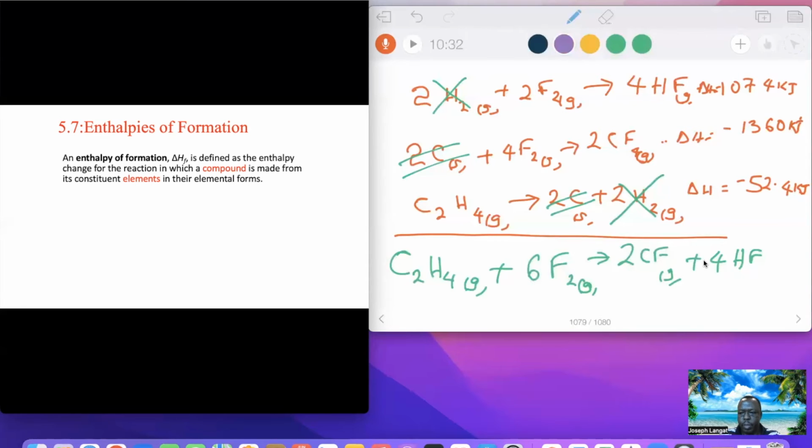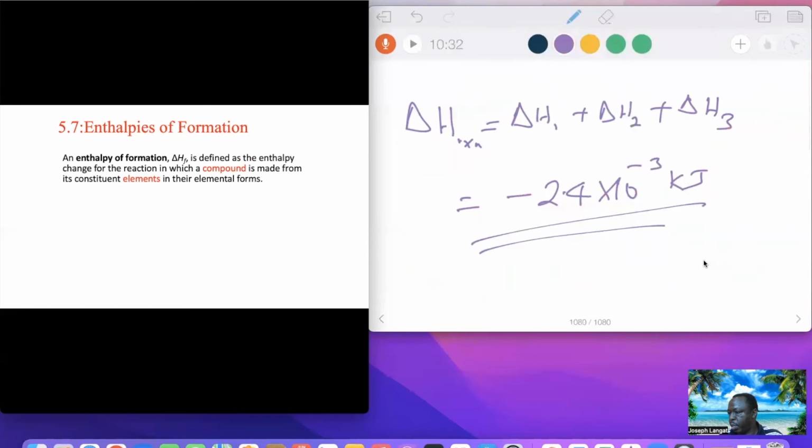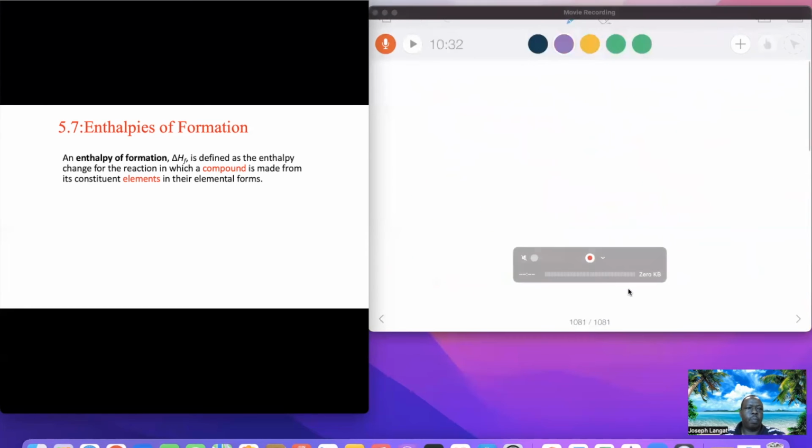The only way you will know that this is Hess's law is when you are given a series of reactions. Sometimes you may be given 3, you may be lucky to have only 2. If you have 2, it's very easy to manipulate. Sometimes you may have 4 equations. In all of them, please just follow the steps I walk you through here, and you'll be okay.